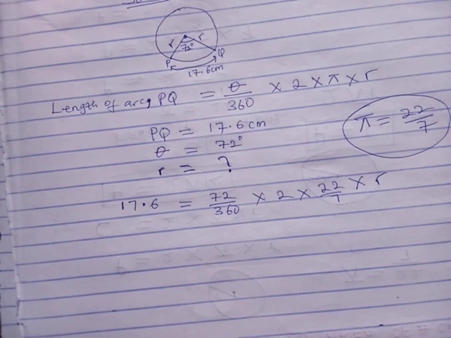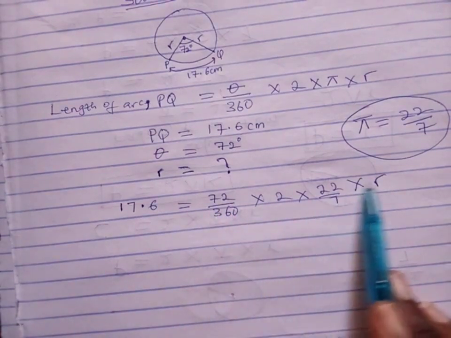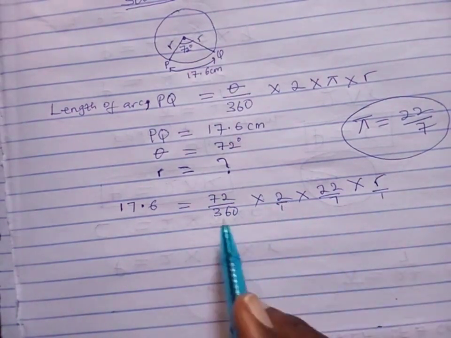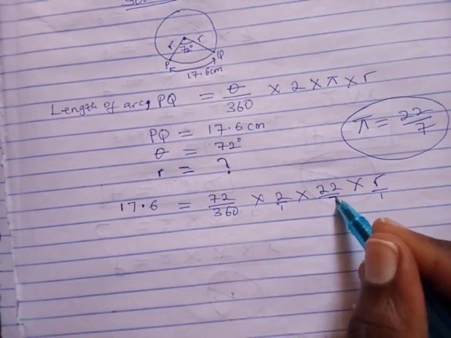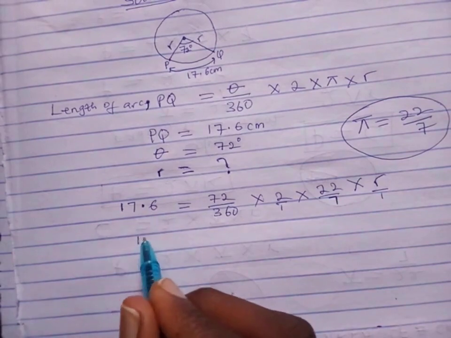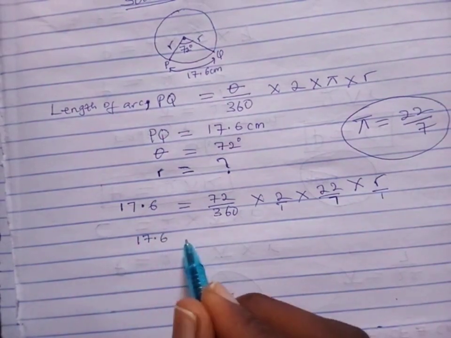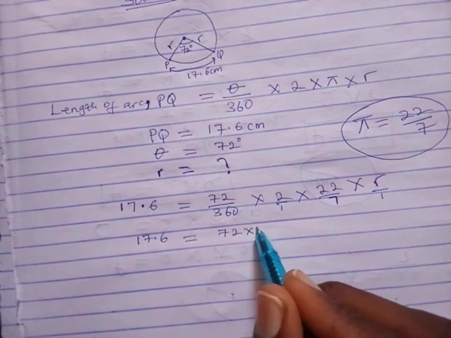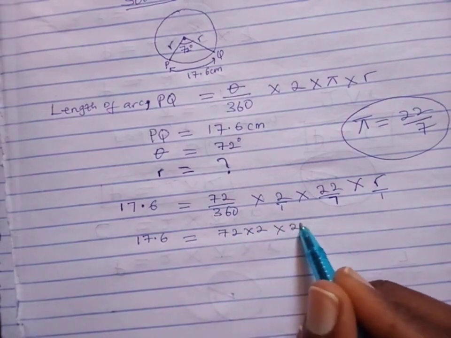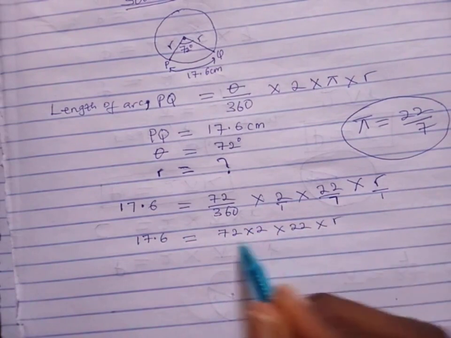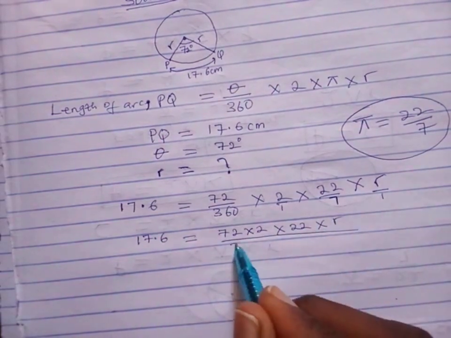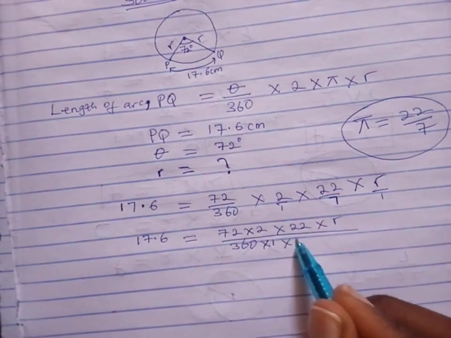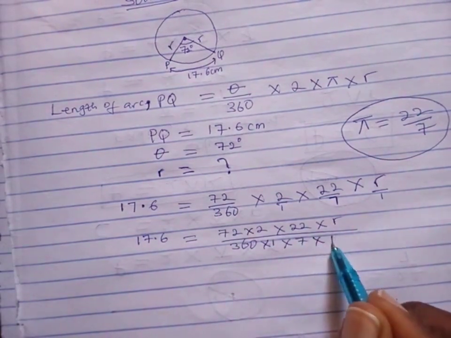Like we did in the last problem, we'll multiply out all the numerators. This is over 1, this is over 1, and multiply out all the denominators. So when we do that, we'll have that 17.6 is equal to 72 times 2 times 22 times r, everything divided by 360 times 1 times 7 times 1.